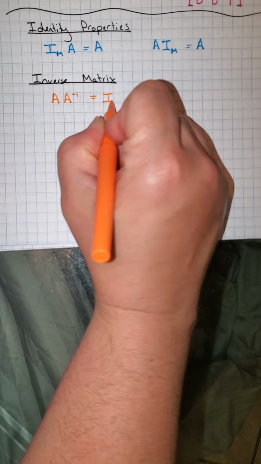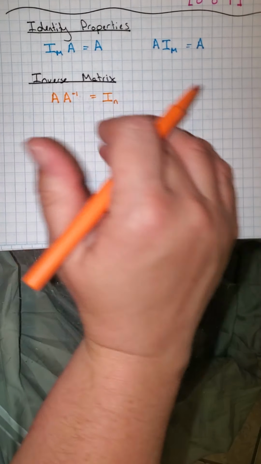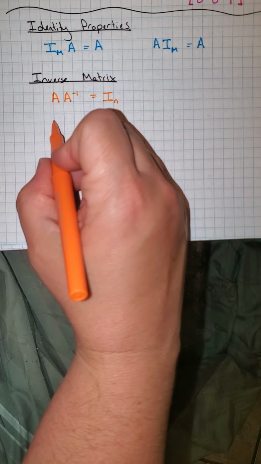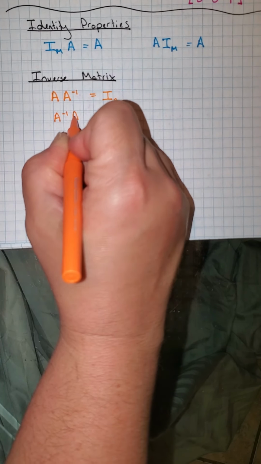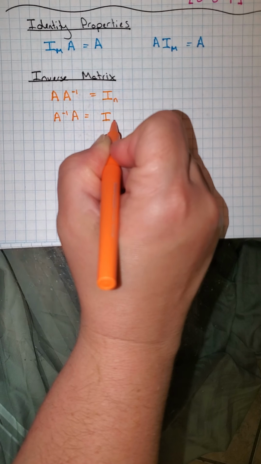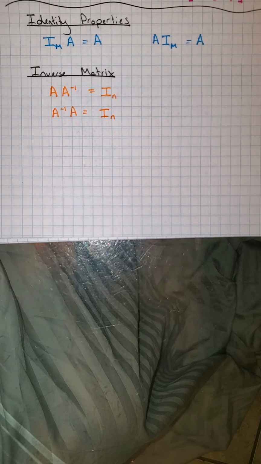That will be the answer of whatever dimensions these two are. Okay, if you multiply the inverse times its matrix, same deal. You get the identity matrix for whatever dimensions they happen to be.